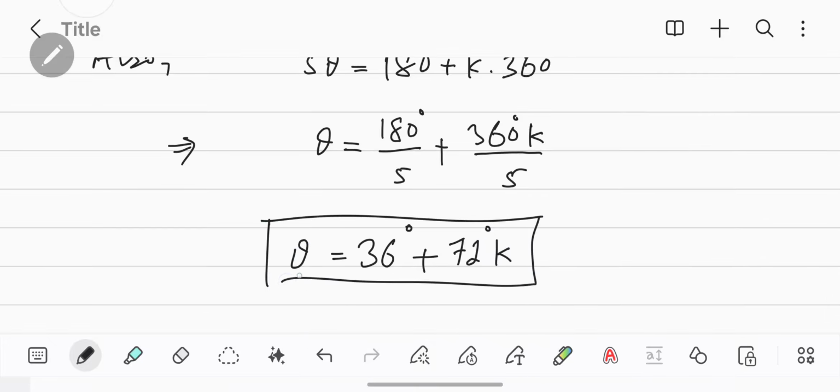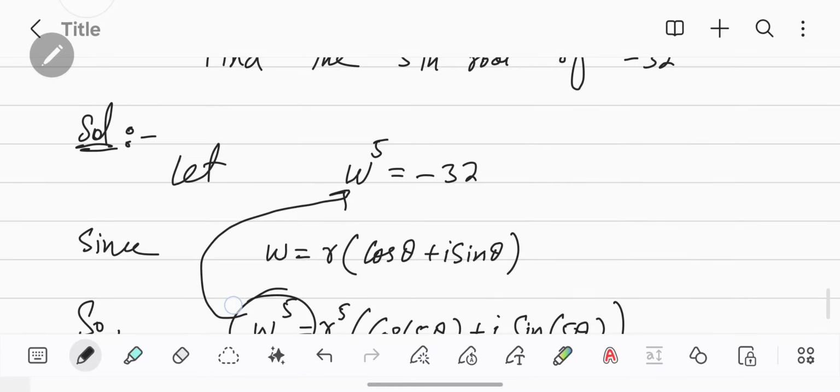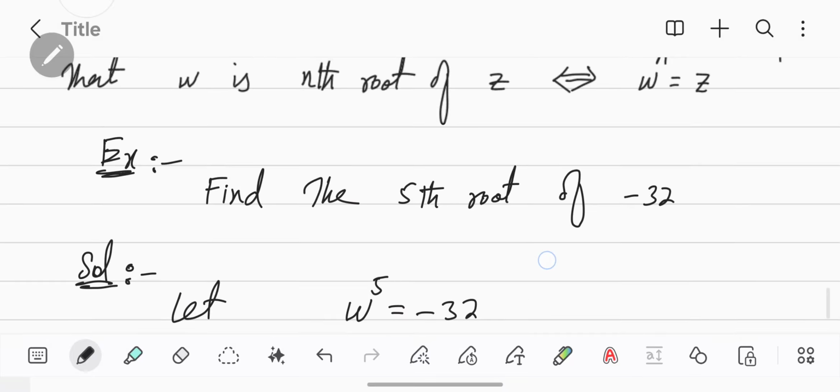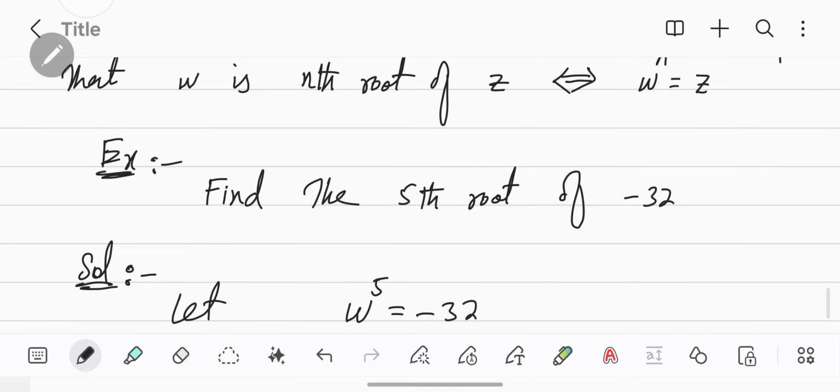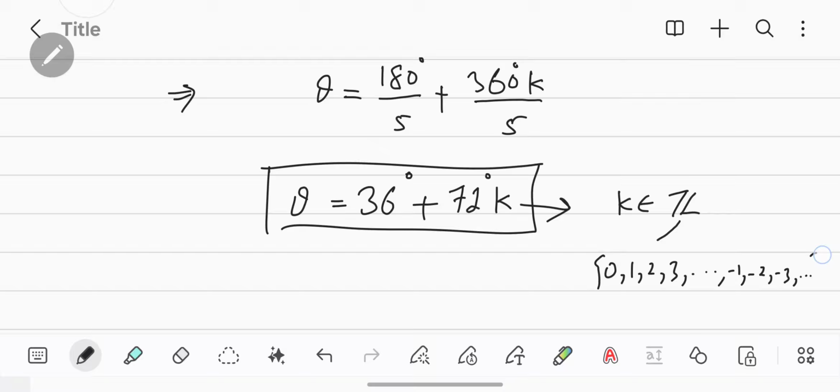This is your theta. But we need to find the fifth root, right? Because we had to find the fifth root of this number. So in the angle you have k, and k is any integer. This set is 0, 1, 2, 3, and so on, and minus 1, minus 2, minus 3, and so on.